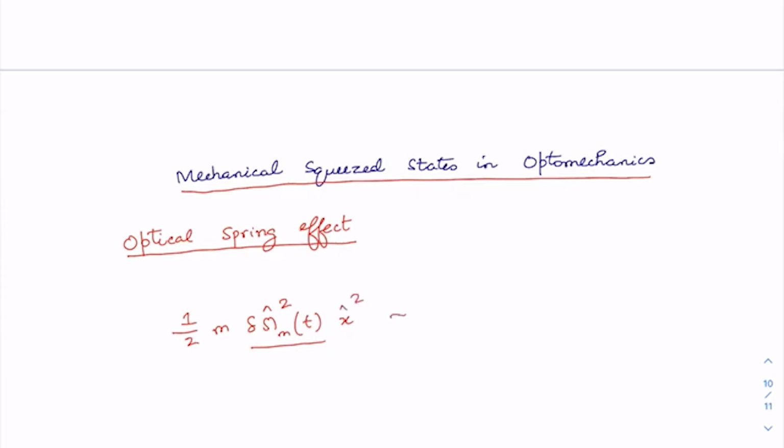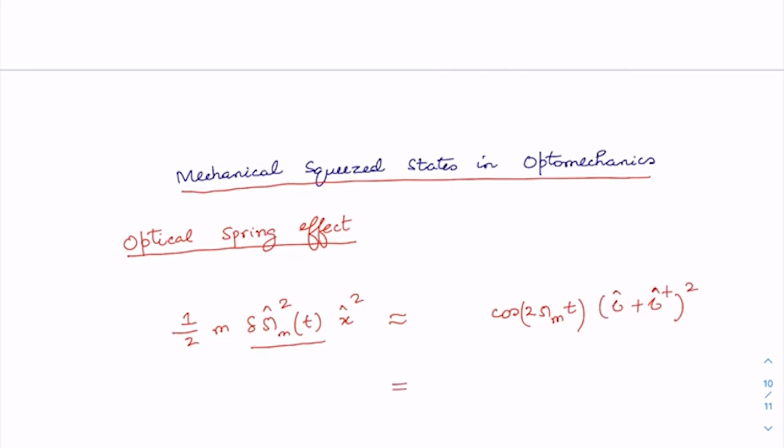Now this term would be proportional to the main terms that I will write. We are modulating it at twice the frequency of the mechanical mode. Say that is cos of twice omega m t. You can take sine also, it doesn't matter. I am here taking cos, and then from the x square part we have b plus b dagger whole square.